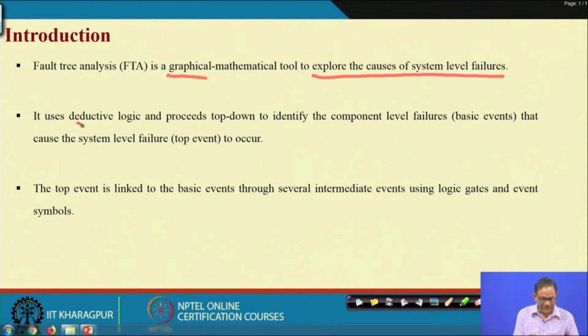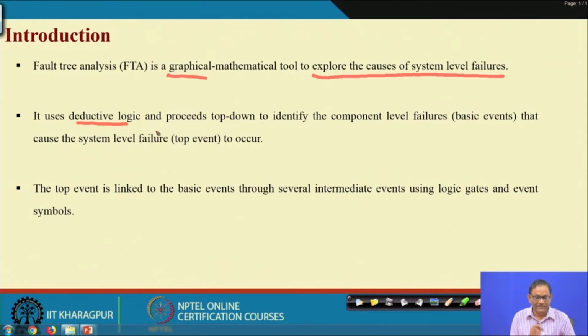So, it uses deductive logic, it is basically why. Suppose we start with the system level failure, which is known as the top event, then we ask the question why that top event has occurred. The immediate answers are the immediate causes, then again that immediate event will be answered through another why question, and in this manner you proceed from top to bottom level.